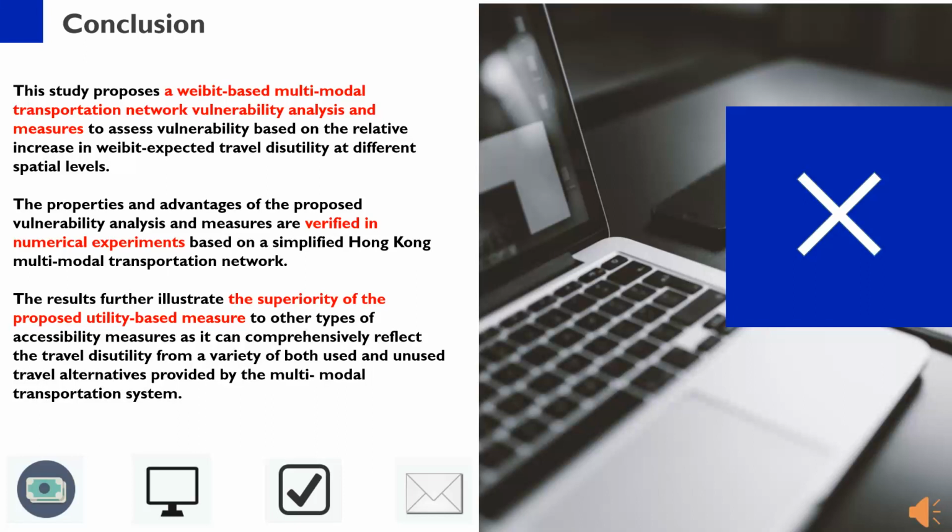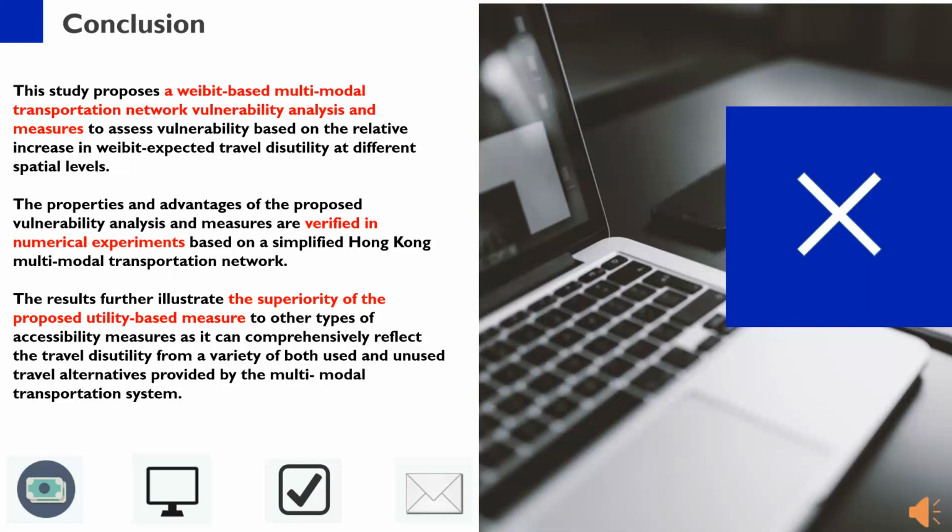The properties and advantages of the proposed vulnerability analysis and measures are verified in numerical experiments based on a simplified Hong Kong multimodal transportation network. The results further illustrate the superiority of the proposed utility-based measure to other types of accessibility measures, as it can comprehensively reflect the travel disutility from a variety of both used and unused travel alternatives provided by the multimodal transportation system.